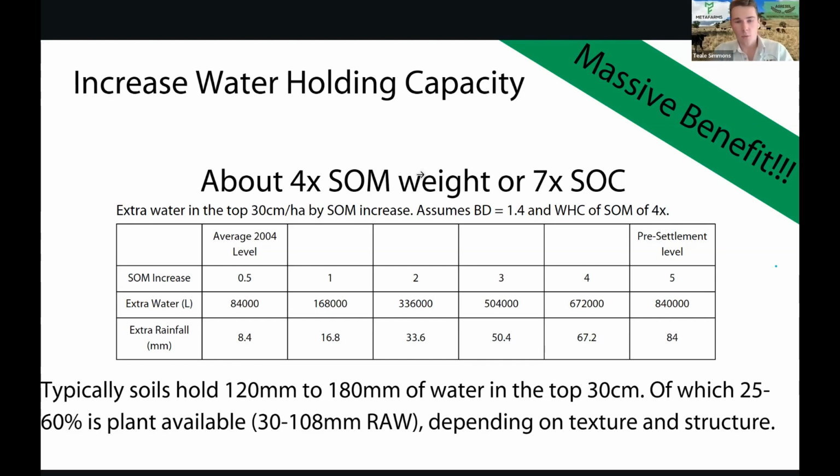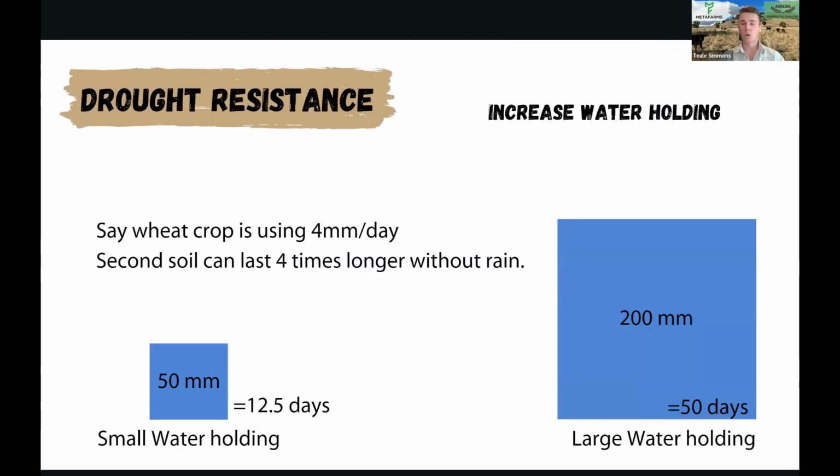Say we have a wheat crop that's using about 4 mils of water a day. We can basically estimate how long our soil is going to last before we run out of water. In the small water holding situation, our soils are going to run out of water within 12.5 days. That's going to be problematic if we don't get rain in those 12.5 days.